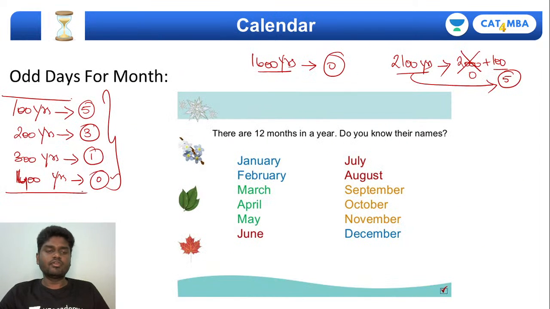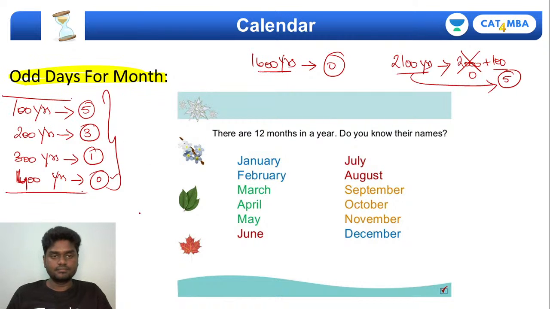So if you're clear with the concept of odd days for years, let's quickly move on to the concept of odd days for the months. How to find the number of odd days for a month? Now listen very carefully. I know in a year I'll be having 12 months. January will have how many days? 31 days.